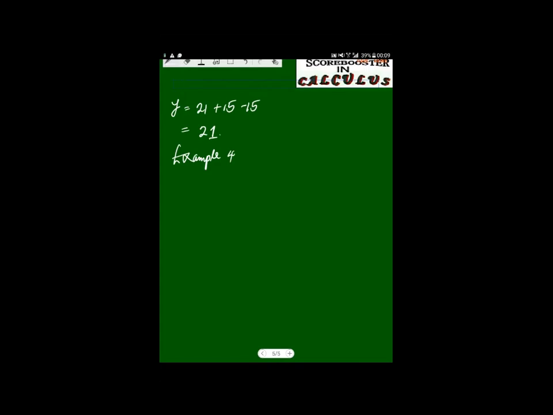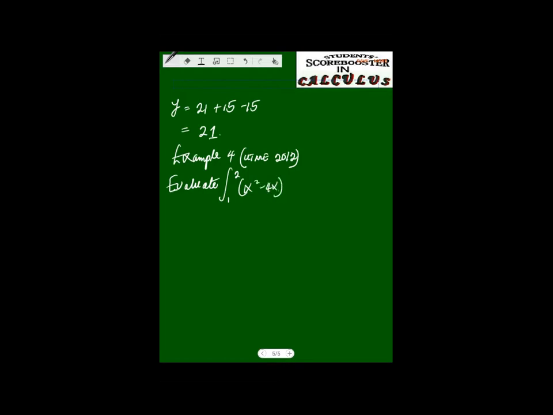So this time, example 4, I'm going to take it from a JAMB question. It is UTME JAMB 2012. So the question is, evaluate the integral of 1 to 2 of x squared minus 4x dx.